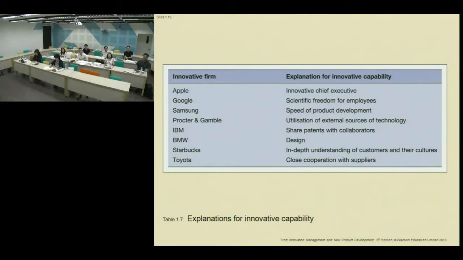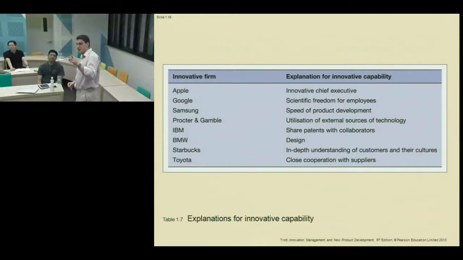We have so many different editions of new Galaxies, 10 or 15 different editions. IBM shared patents with collaborators, which was not the case with IBM and Apple back in the 80s. That's why IBM succeeds. BMW has the sportive design. Not only BMW, other brands have it also.